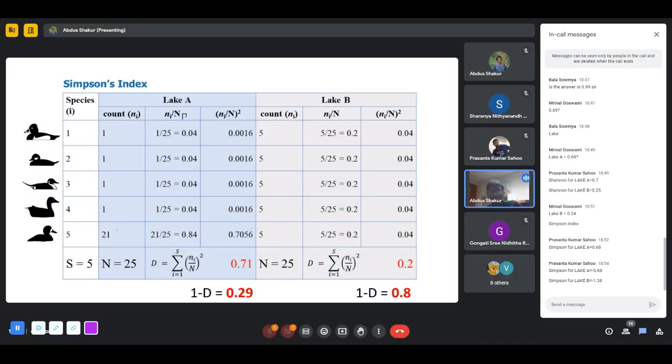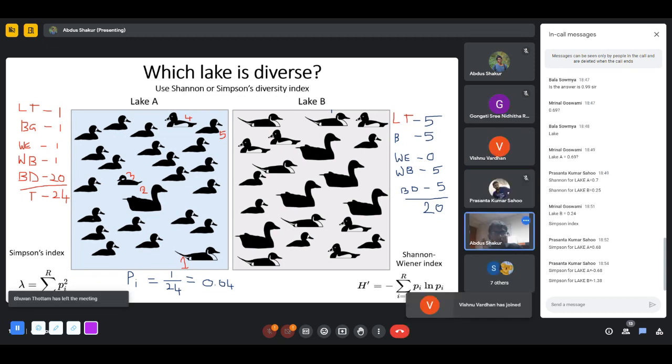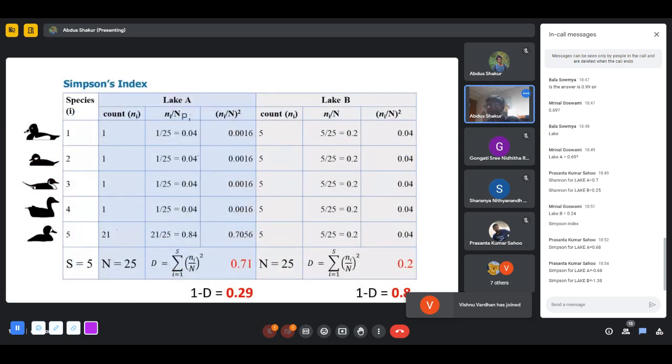So this is basically the Pi, the proportion of individuals compared to the whole total number of individuals in that community, and then we got 1 out of 25 is 0.04. Let's go back and just count it again. 1, 2, 3, 4, 5, 6, 7, 8, 9, 10, 11, 12, 13, 14, 15, 19, 20. I think the example might not be the right one, but there are just 24 individuals. So it's not 21, it's 20 here. So what happens is 0.04, 1 by 24.